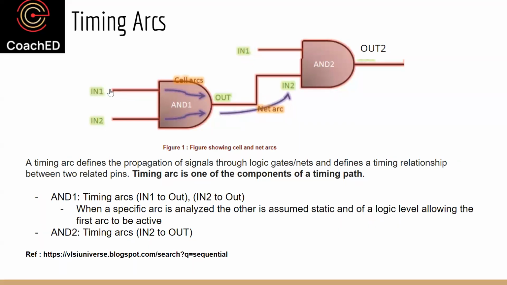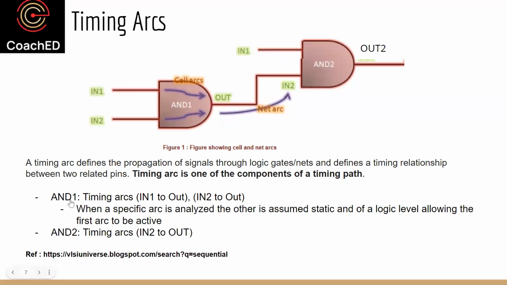Then the AND gate is going to propagate this transition to the output. That's going to flow in here, and assuming the input is set to 1, this pin's transition is then going to flow out. So the arc that you are analyzing is from in1 to out, and then from in2 to out for the second gate.